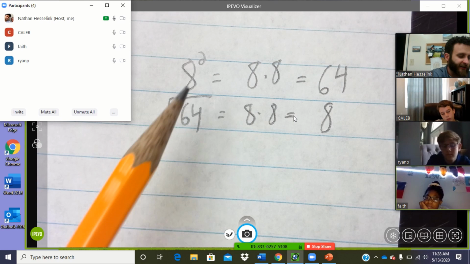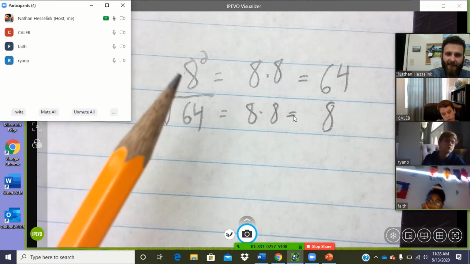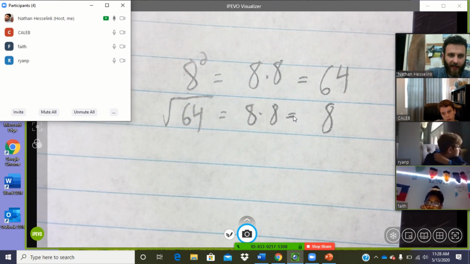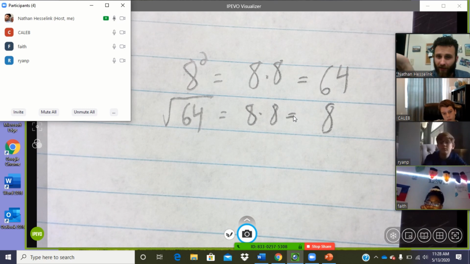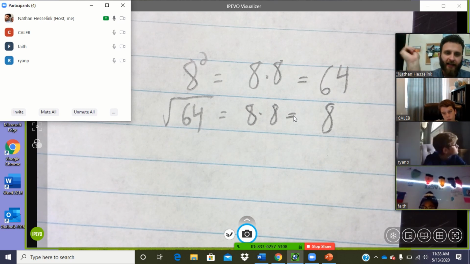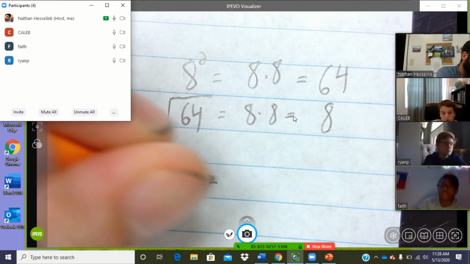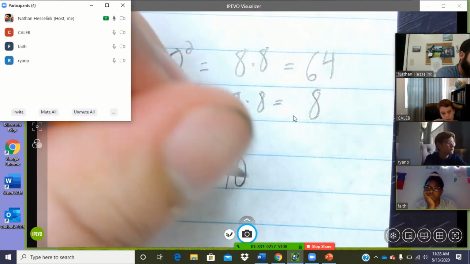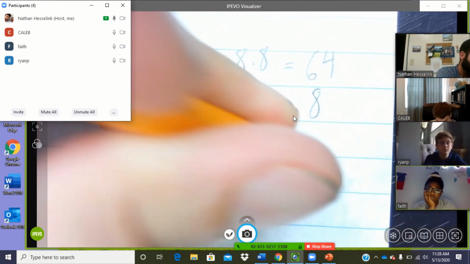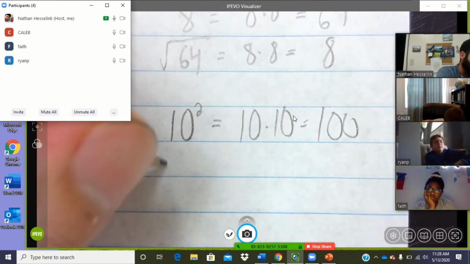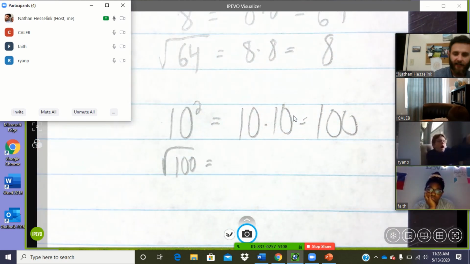It's the opposite direction of exponents. Exponents go up in size and value because 8 squared is 64. Square root is trying to find that original number and give it as an answer. Okay, so 10 squared means 10 times 10, which is equal to 100. Okay, so when I ask what the square root of 100 is, what do you think the answer is?